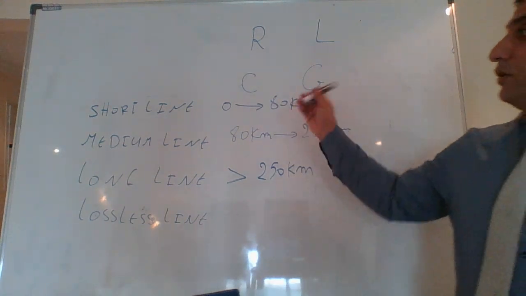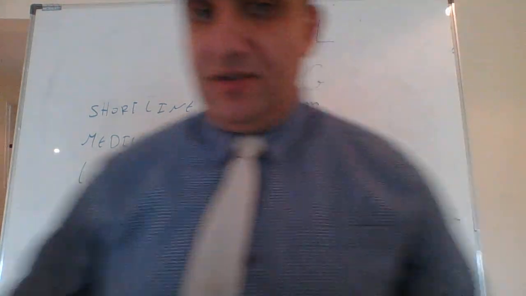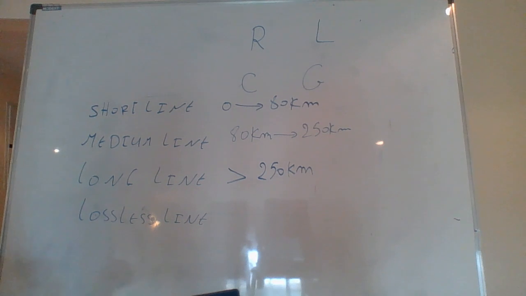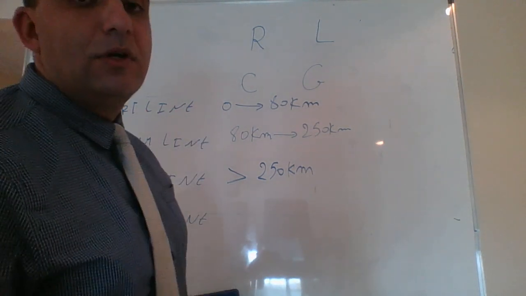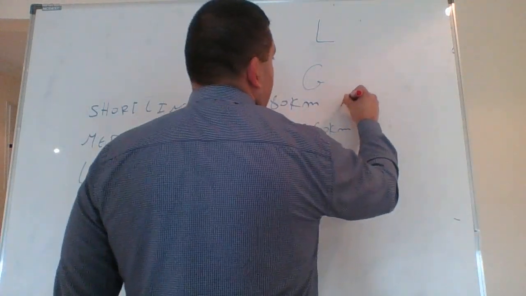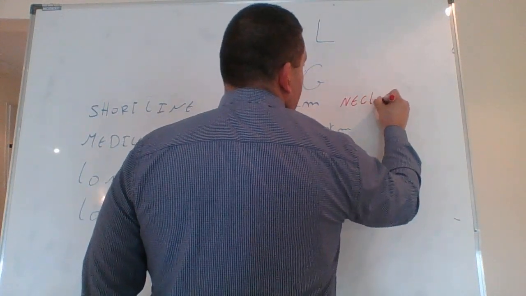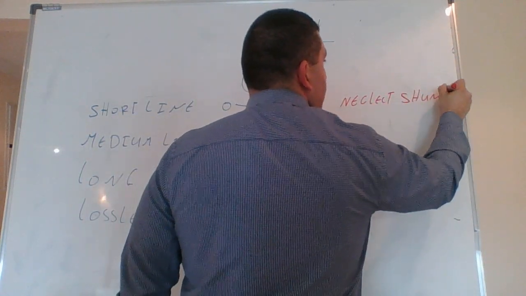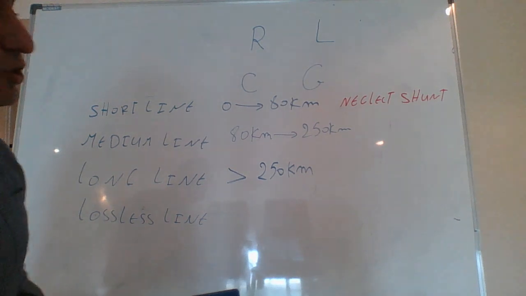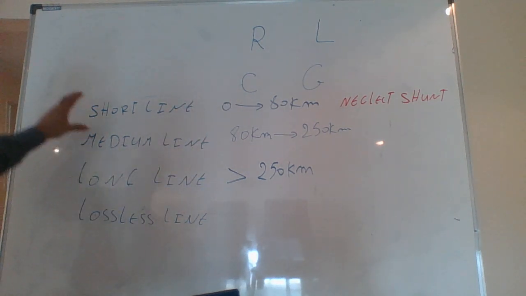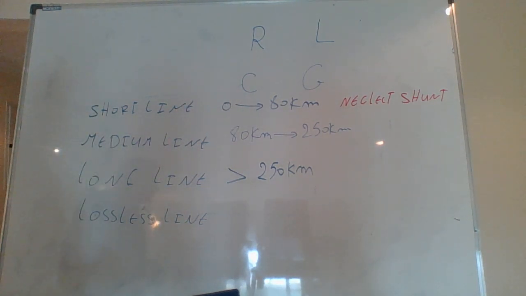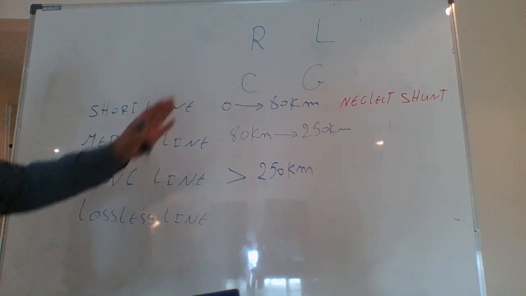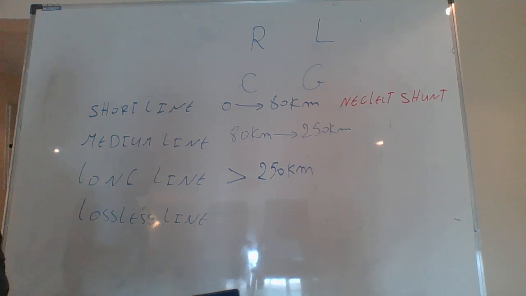So, what's a short line? Let's get a different color pen so we can distinguish between each one. Under short line, we will neglect the shunt component of the transmission line.